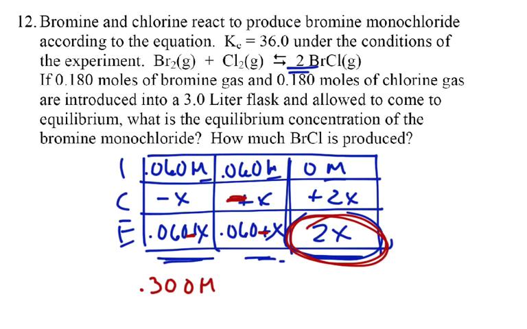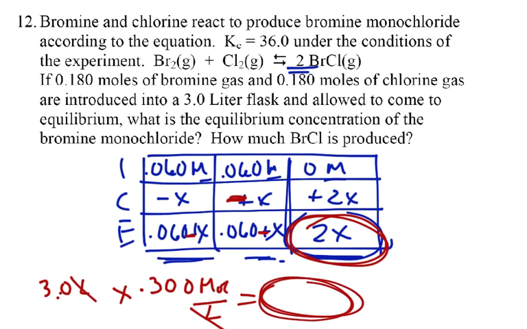0.300 molar. Okay, well, I'm going to take my concentration multiplied by my volume, 3.0 liters, because this is moles per liter. When I multiply those, my liters drop out, and I will get the answer to how much BrCl is produced, and that'll give me a mole answer.